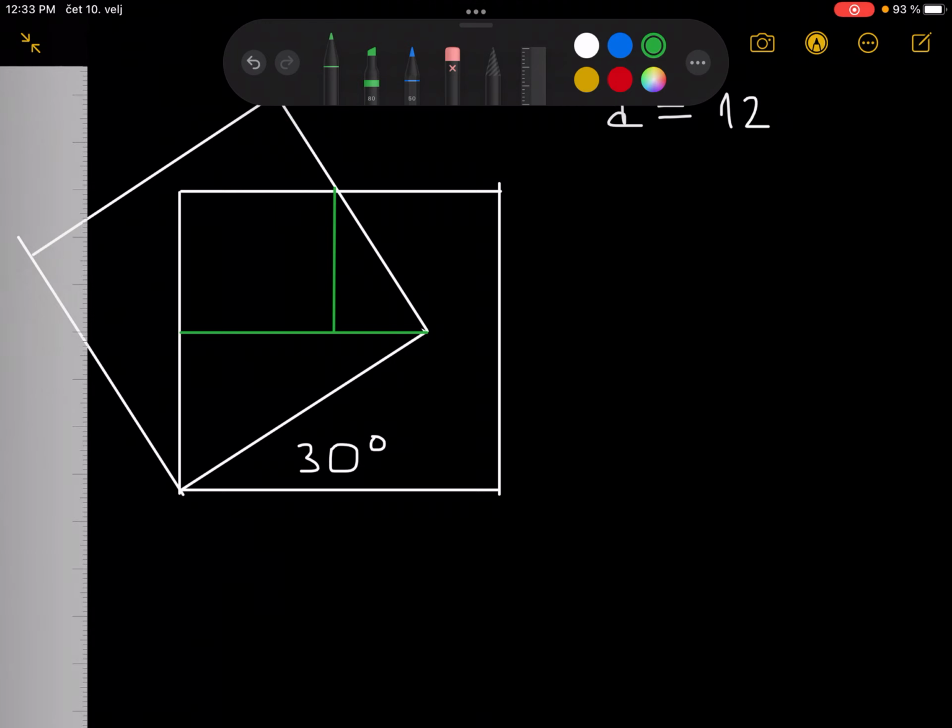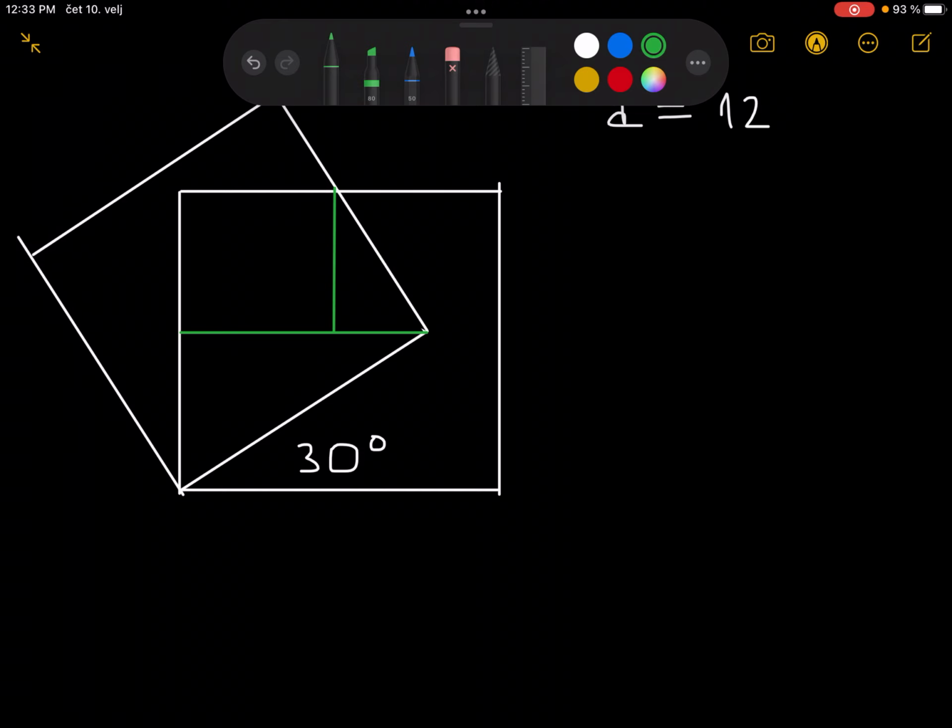Okay, so we've divided up our area into two right triangles and a rectangle. So that's going to be a bit easier to compute.